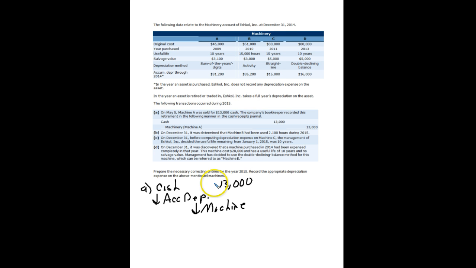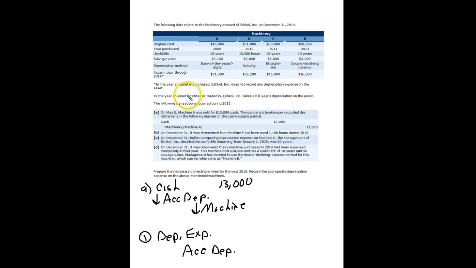Well, first off, we need to record depreciation expense, don't we, up until the day of sale. So really, we need to go back and record what would have been depreciation expense until that asset was sold, and make our journal entry for debiting depreciation expense and crediting accumulated depreciation. So again, we can see that happened on May 5th. So we need to record depreciation for that.